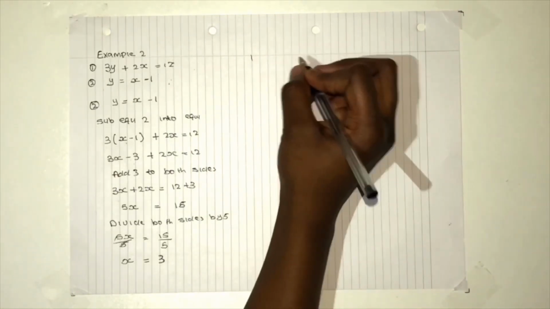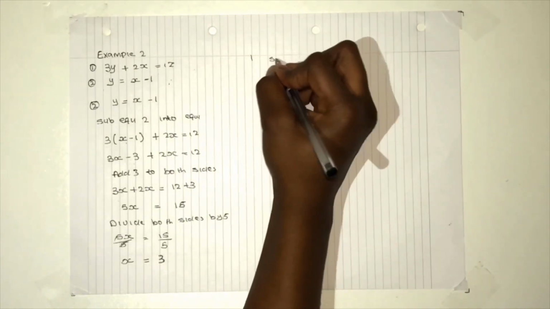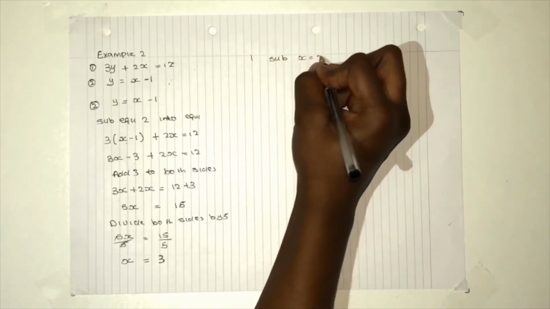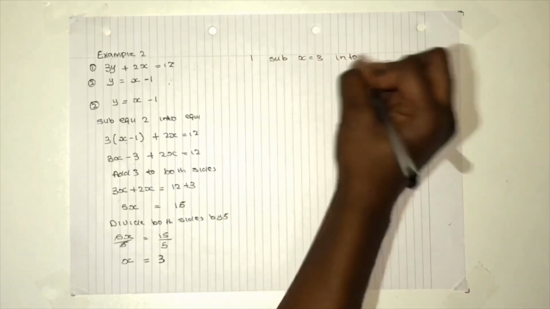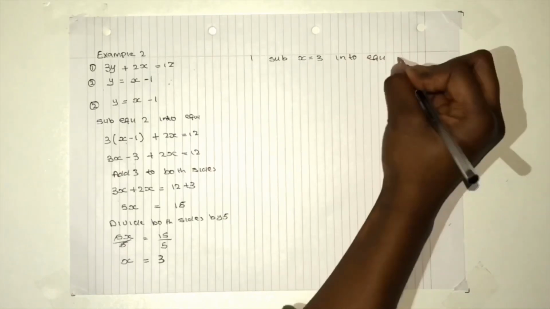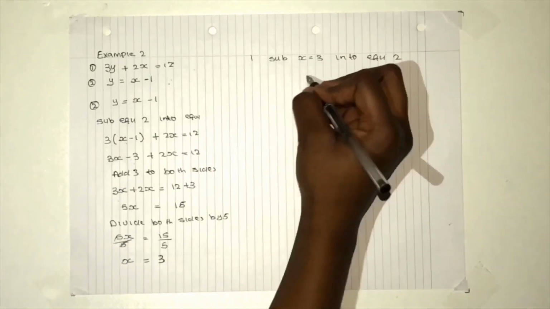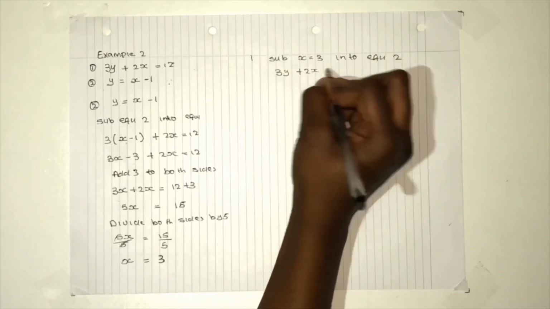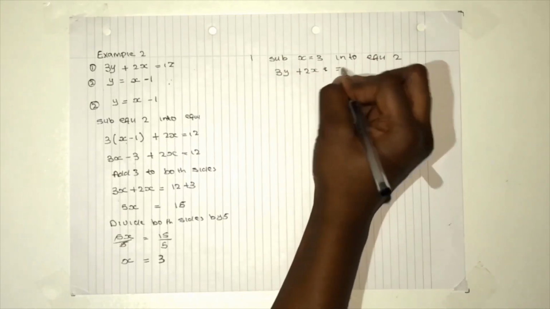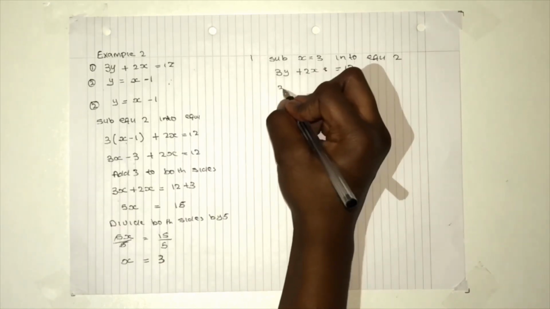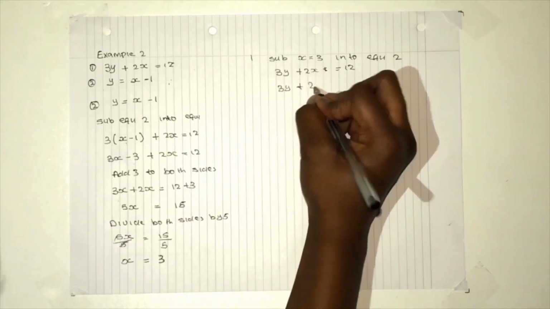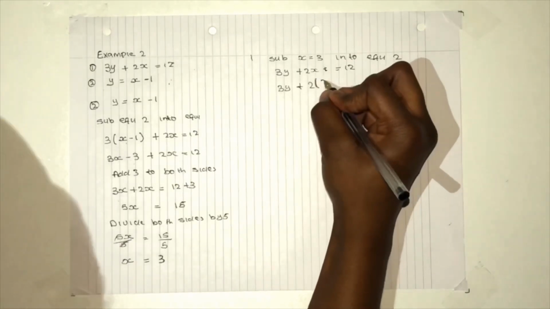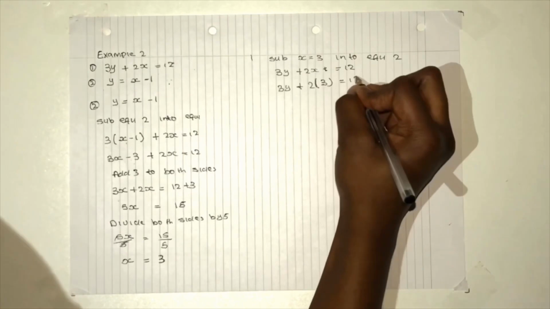In this case, I would sub x equals 3 into equation 1, 3y plus 2x equals 12. So I would say 3y plus 2 times 3, because x is equal to 3, equals 12.